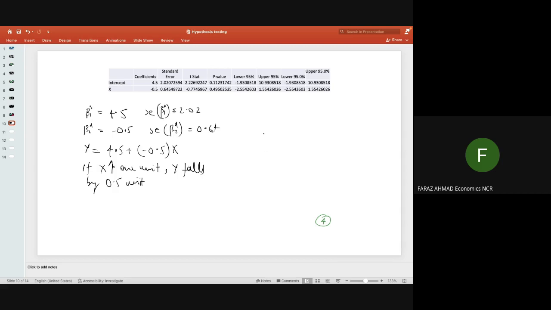So this is our t distribution, where in the center we have t equals 0 and we have negative t values to the left of the center and positive t values to the right of the center.